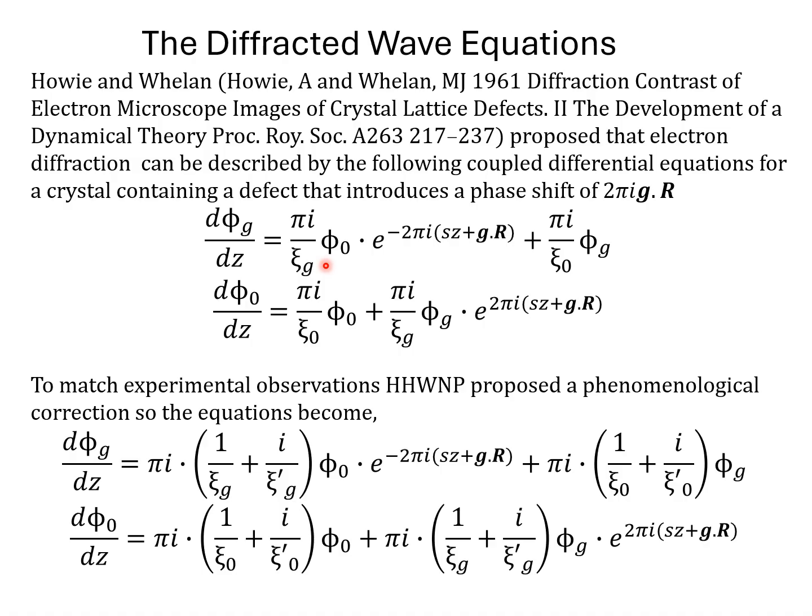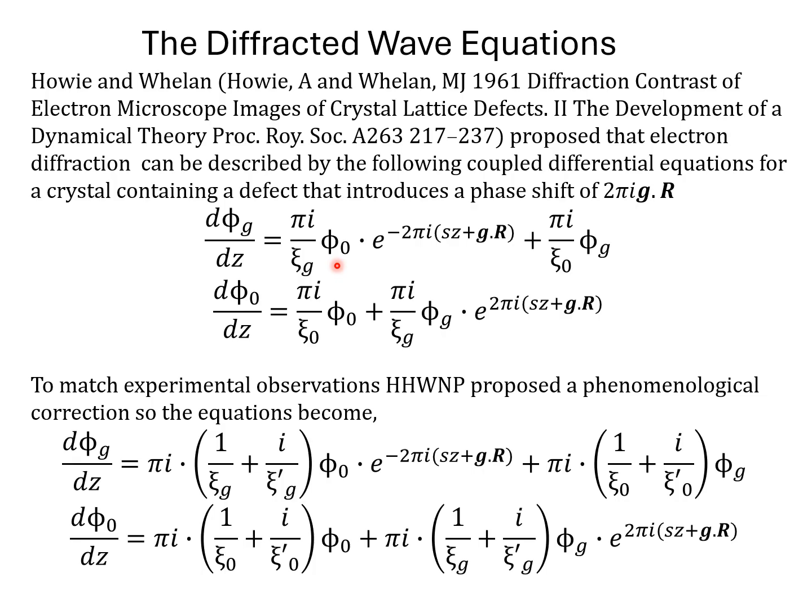Sorry, it actually corresponds to an oscillation in the intensity which is a full cycle. So we're going from a bright image to a dark contrast, bright to dark to bright. So this intensity will vary down the crystal.